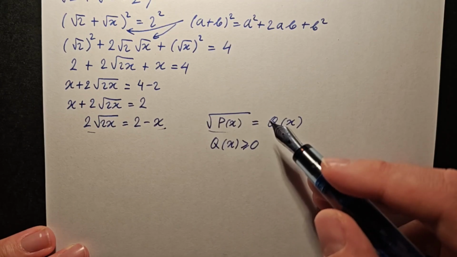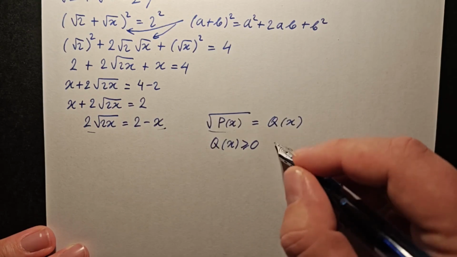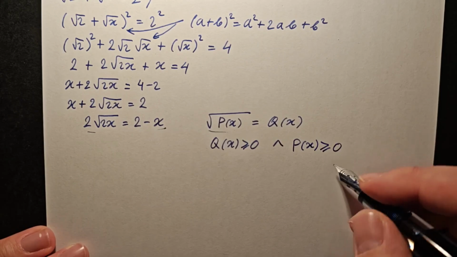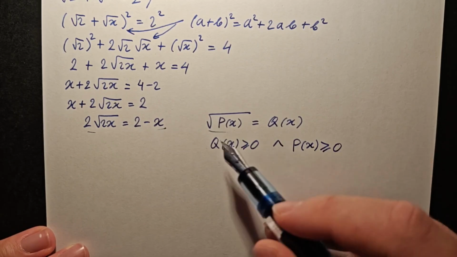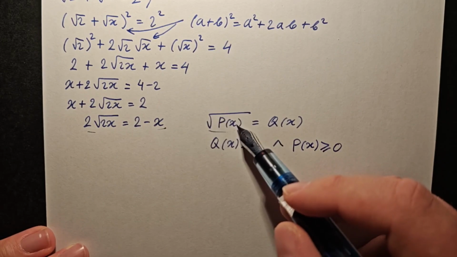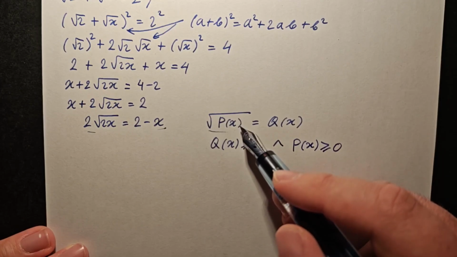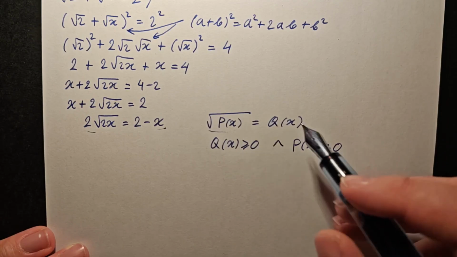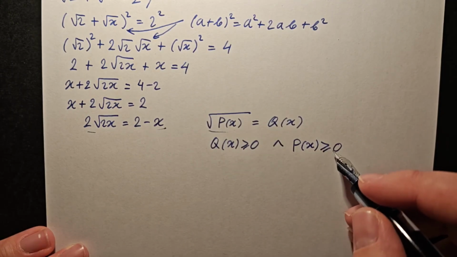Of course, the second thing which we have to demand is that polynomial p of x is larger or equal to 0. Why? Well, it is under a square root. A square root is a function which maps positive numbers including 0 into the set of positive numbers including 0. So this p of x has to be larger or equal to 0.